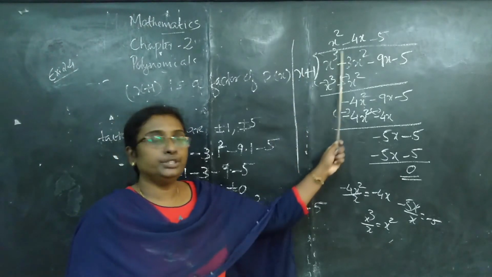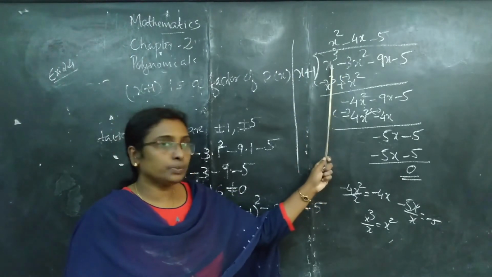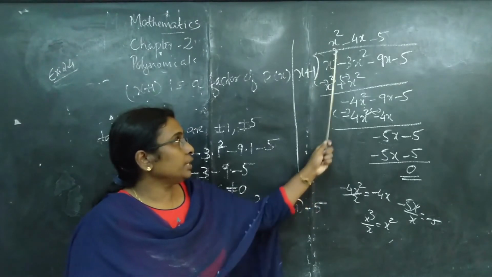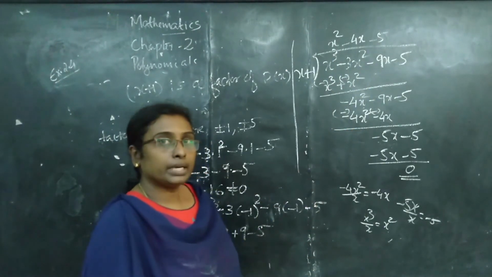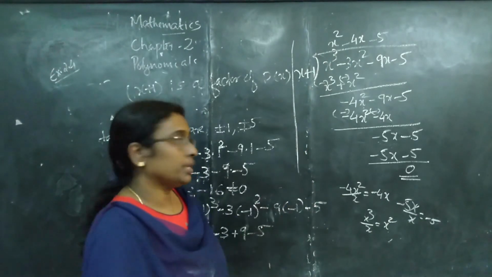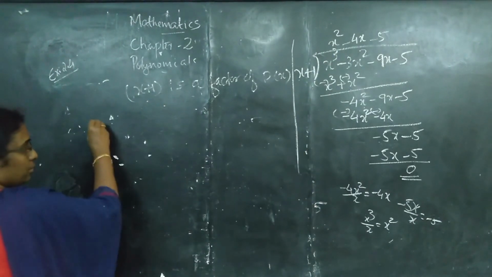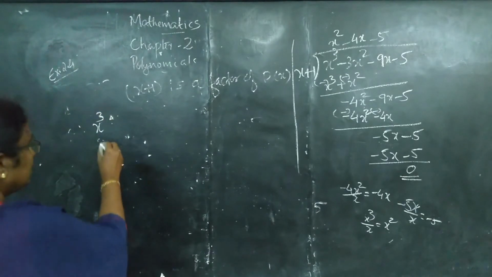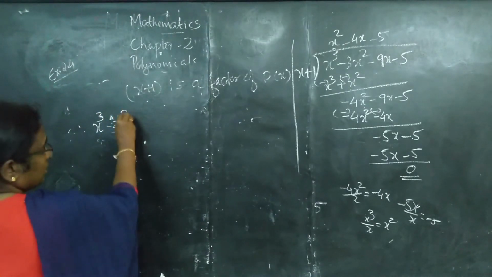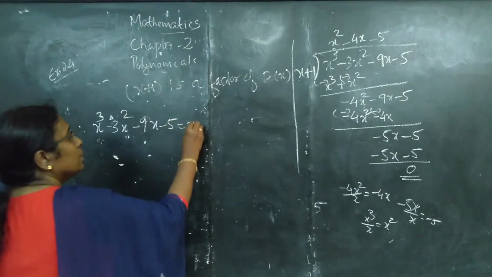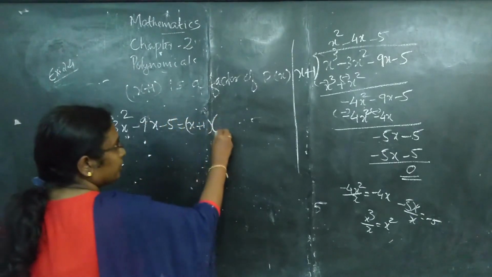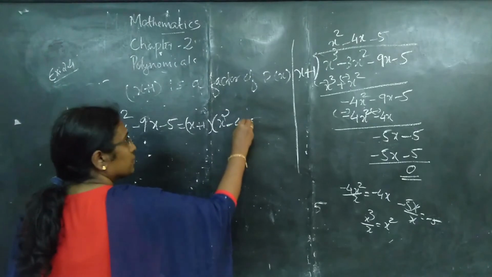So we get the two factors of this cubic polynomial as x plus 1 into x square minus 4x minus 5. So this cubic polynomial can be written as the product of these two factors. Therefore, x cube minus 3x square minus 9x minus 5 equal to x plus 1 into x square minus 4x minus 5.